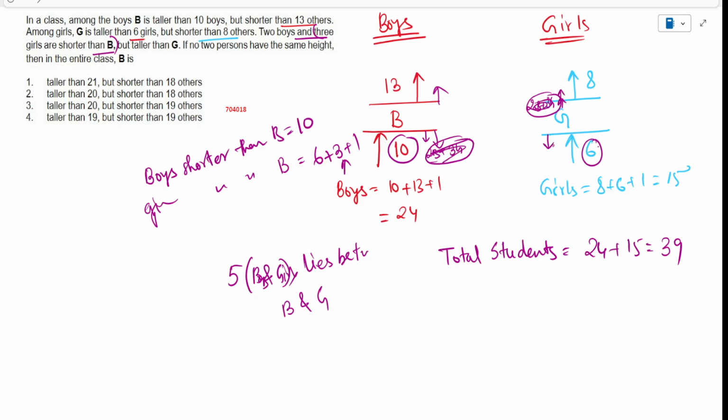See, 3 girls are shorter than G, but taller than G.